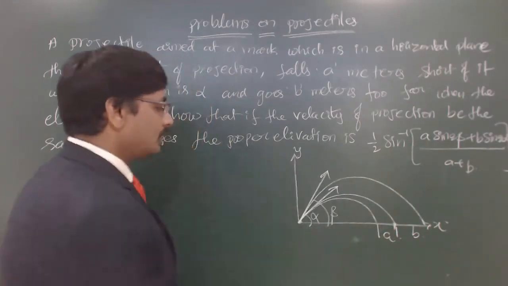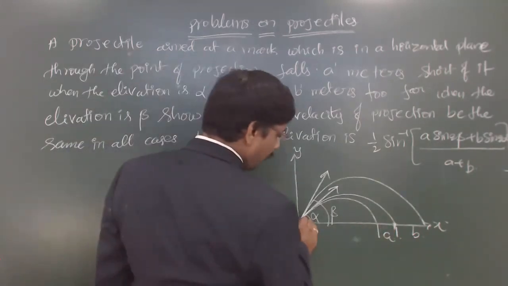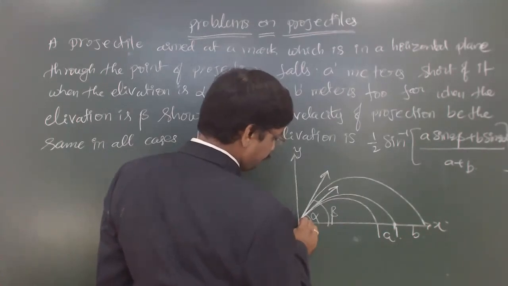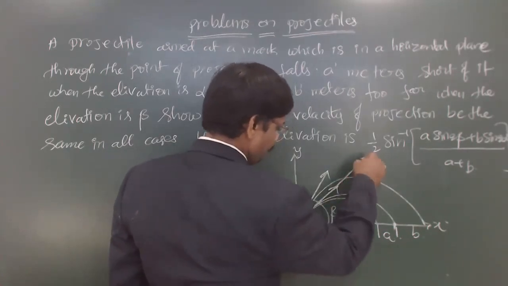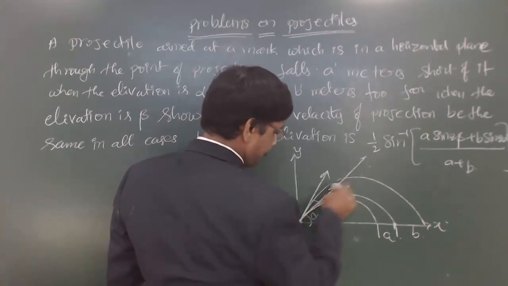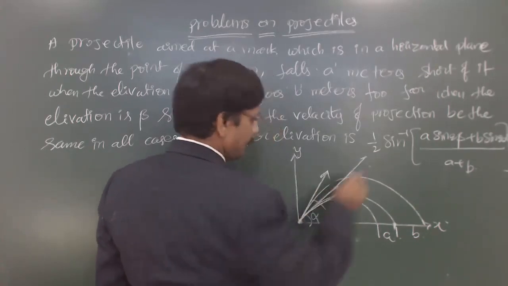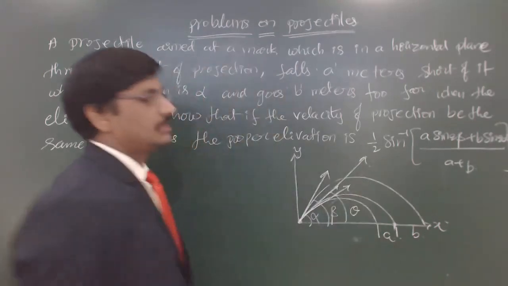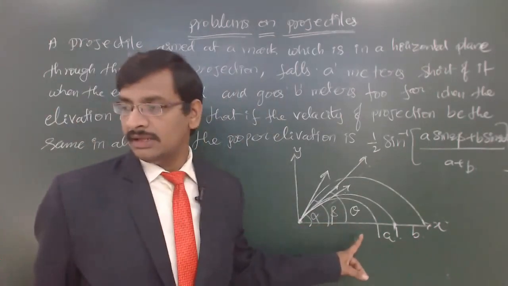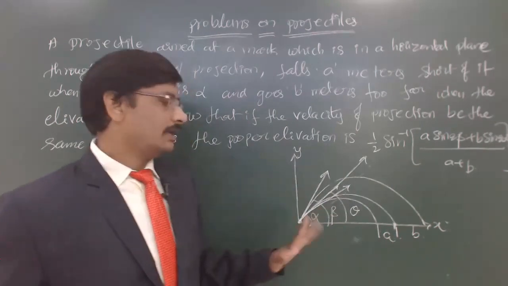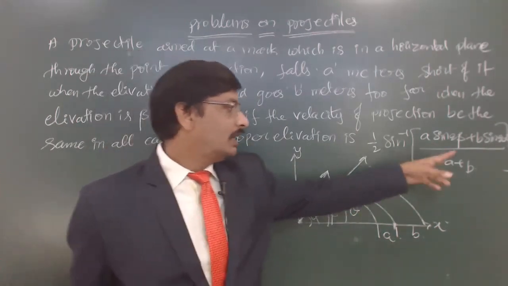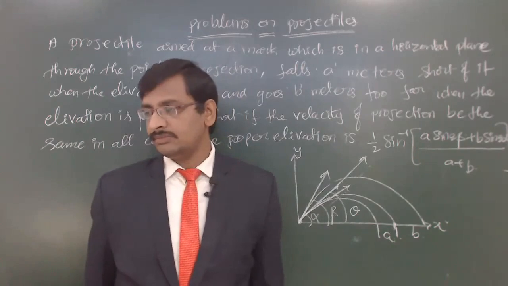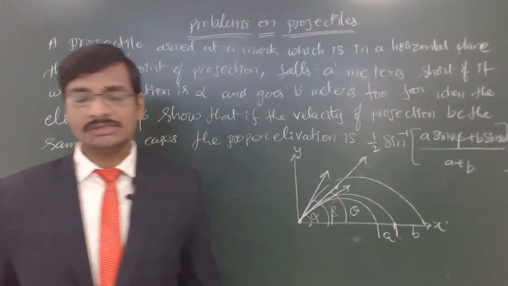Now what he asked was what should be the proper elevation. I call this angle theta, so theta is the proper elevation angle. Then you have to find the angle theta in terms of a, b, alpha and beta. Got it? So can you try to solve this?